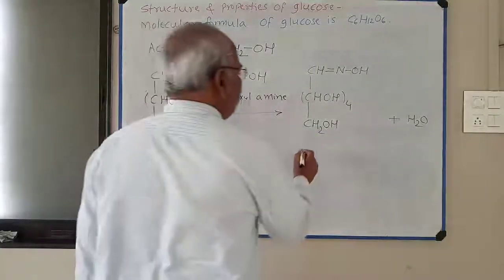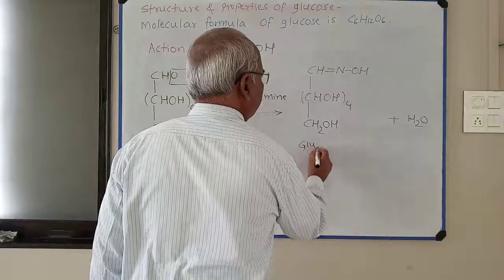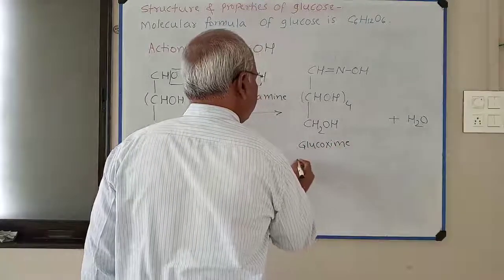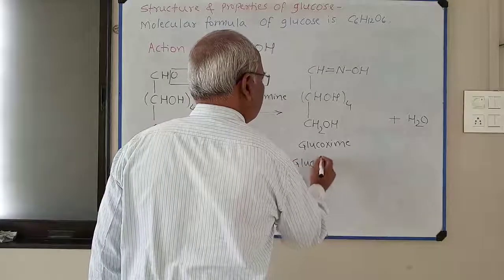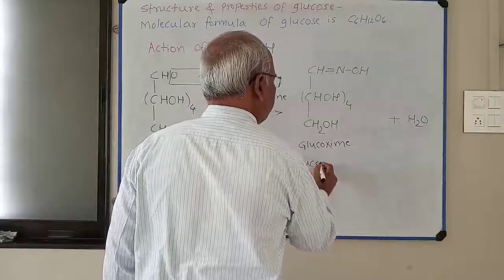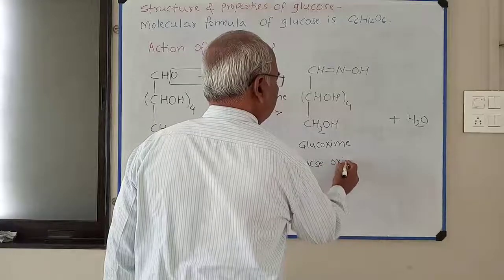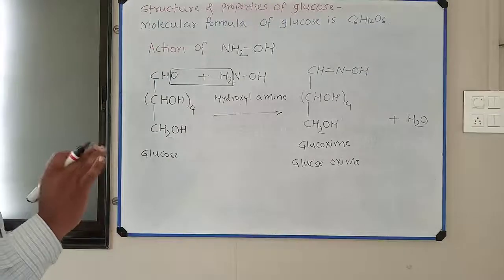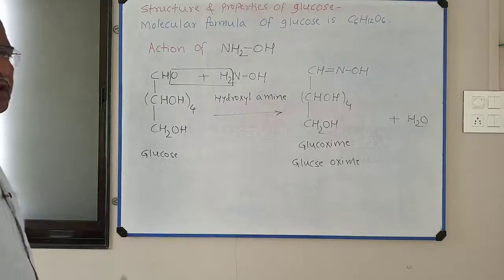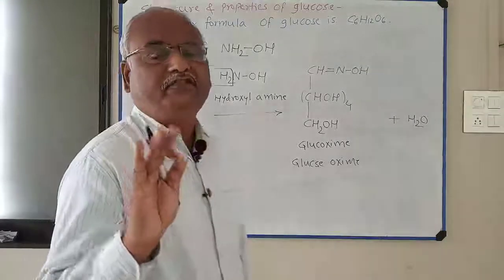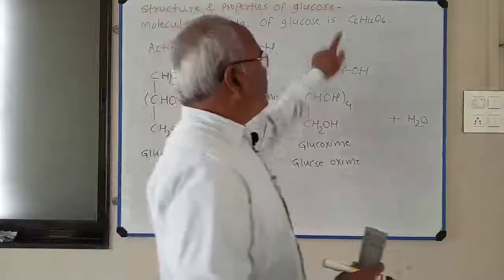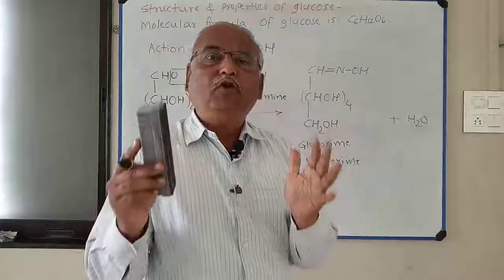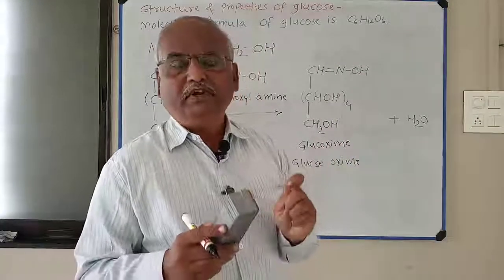So this is called glucoxime, or it is called glucose oxime. Oxime of glucose is produced. This reaction indicates that the one carbon atom of glucose is present in the form of aldehyde group.